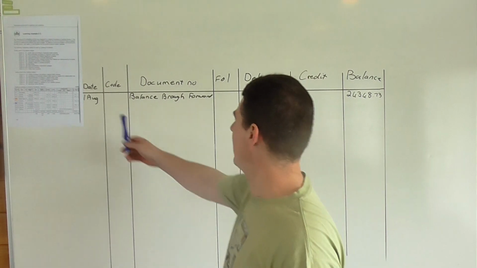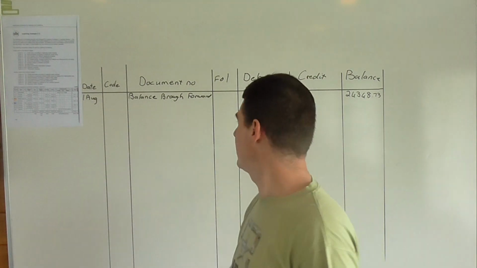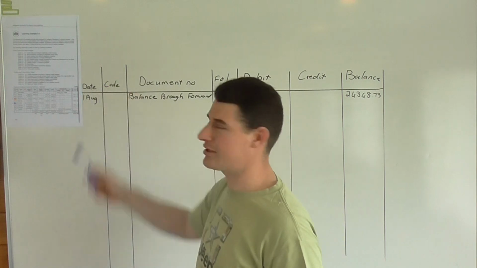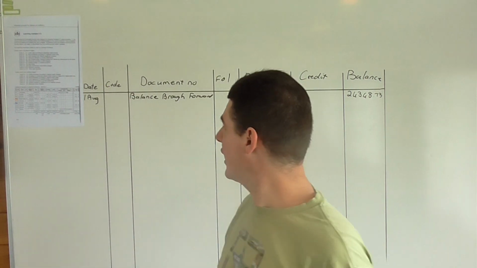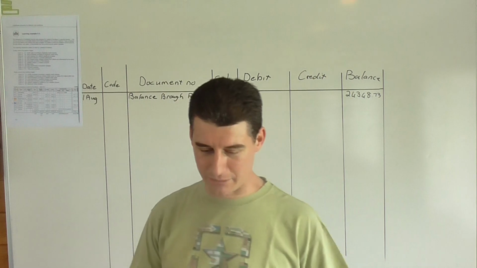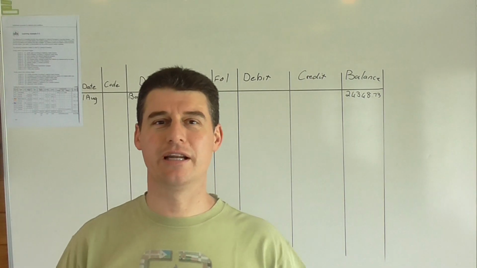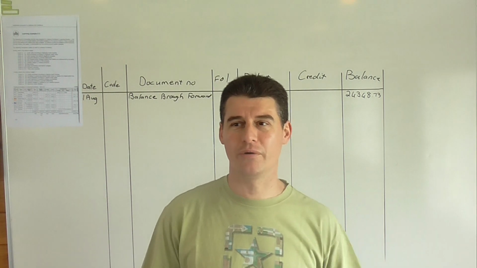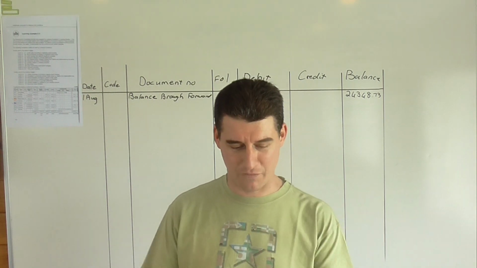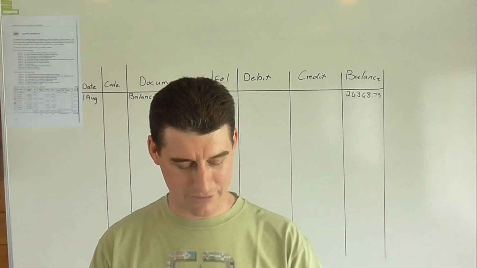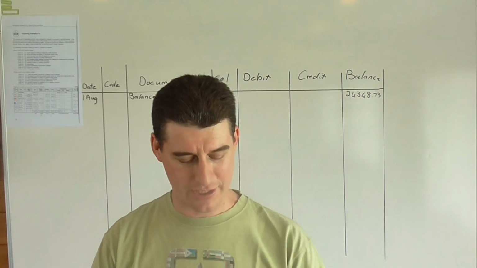First of all, you have your date, which is the date of the transaction, and then the code. Now there are different codes. I've got them printed here, and they should also be in your textbook, where you need to know what the reason for the payment, or for the interest, etc. was. So you have separate codes that go with it.